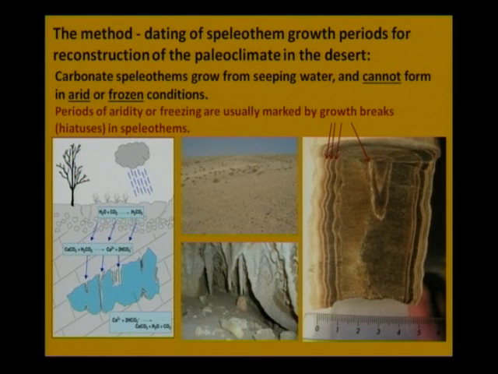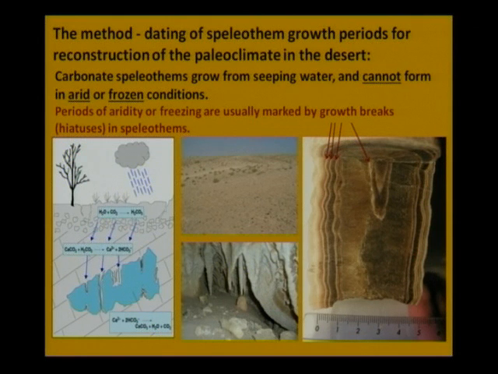Actually, when we talk about speleothems, we usually mean vadose speleothems, which grow in the unsaturated zone, in caves which are above the ground water level. So these caves are full of air, and water flows in from up downwards because of gravity.